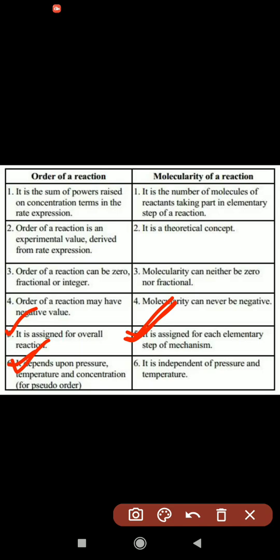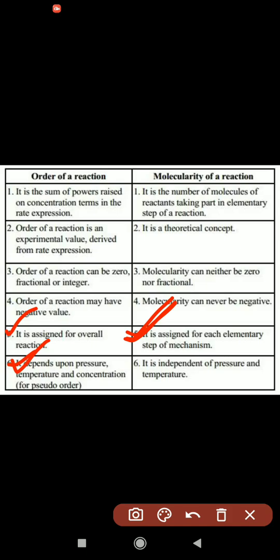We will look at pseudo order reactions in the next class. What is a pseudo order reaction, we will see that.